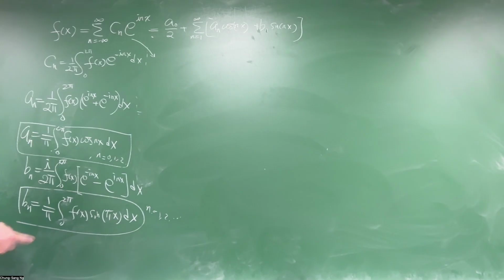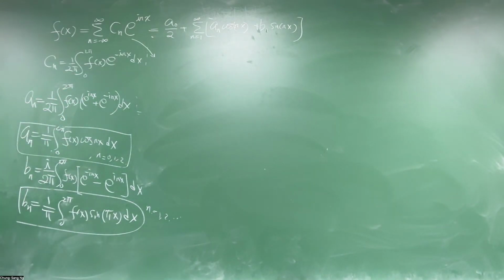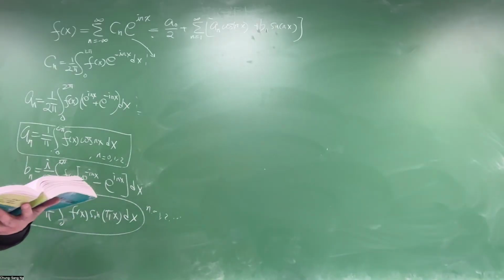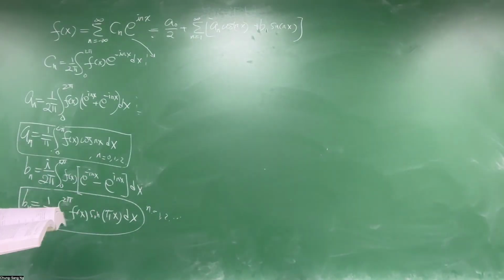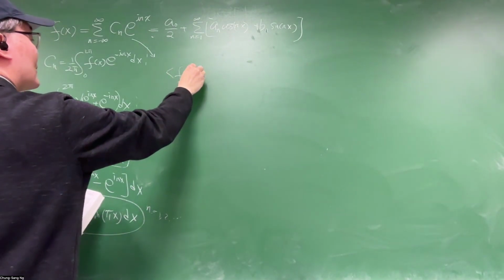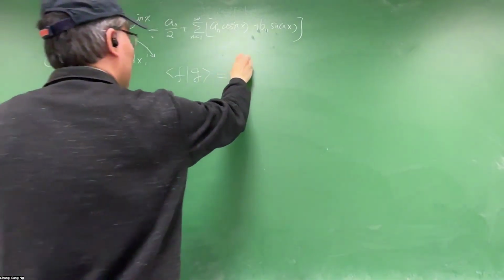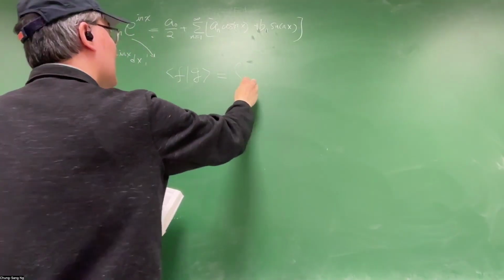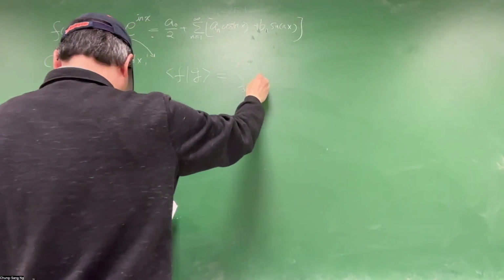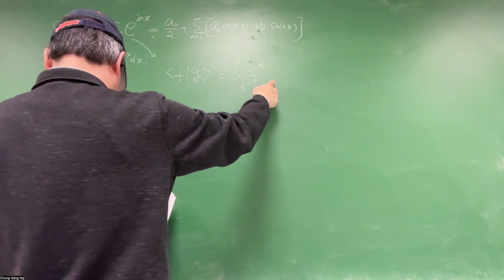Now this kind of integral is using the language of this series, like the scalar product. Like the textbook, you can define a scalar product between two functions as the integral over the domain, with the complex conjugate of that.